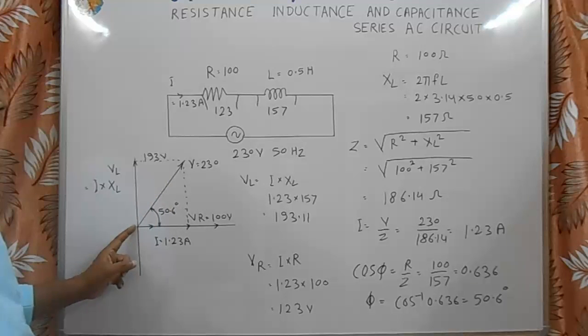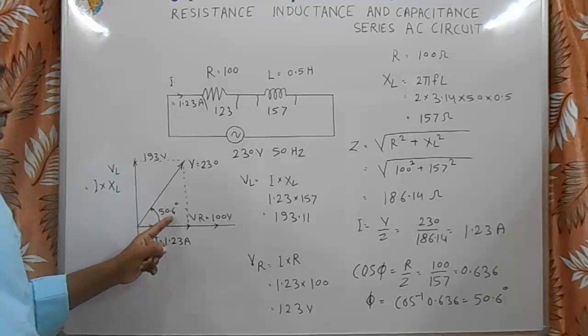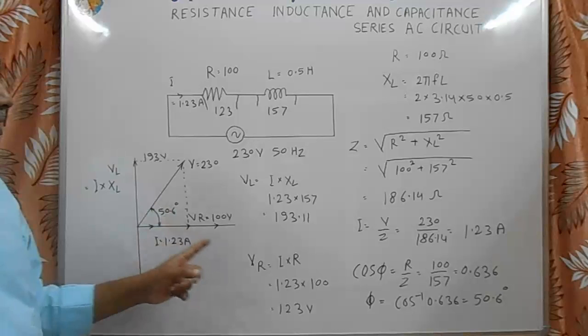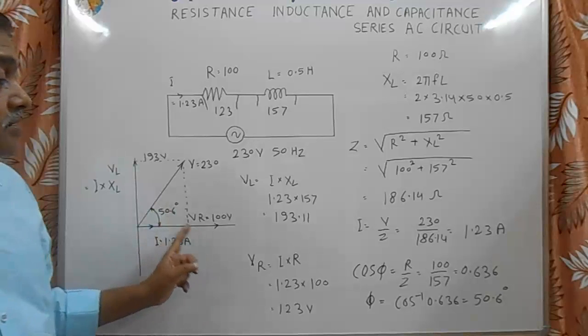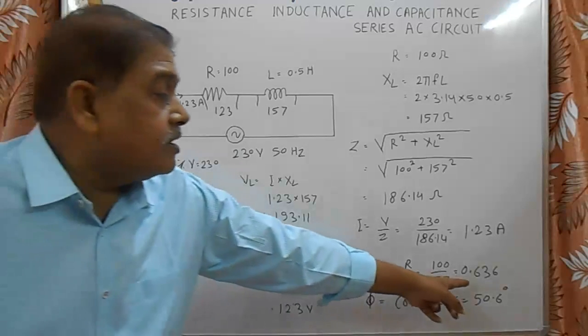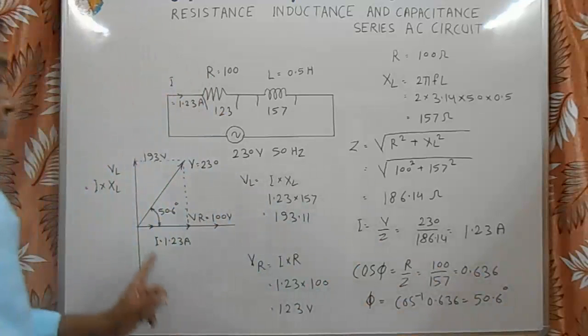Means upon applied voltage 230 volt, the actual current is 1.23 ampere, and this is the angle between current and voltage, that is 50.6 degrees, and the power factor is equal to cos 50.6 degrees, which is equal to this value, 0.636. This is the power factor.